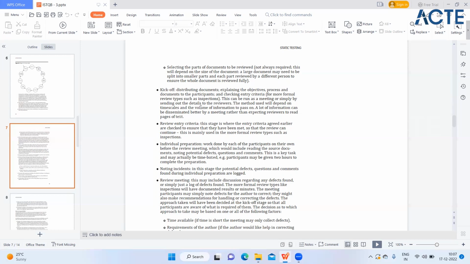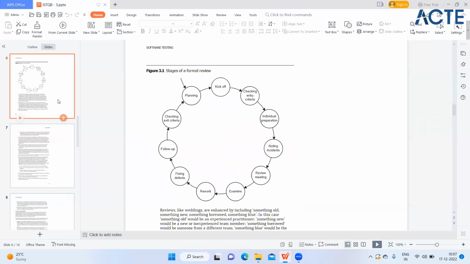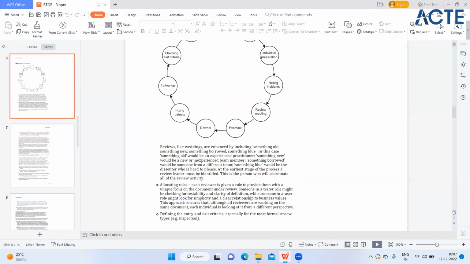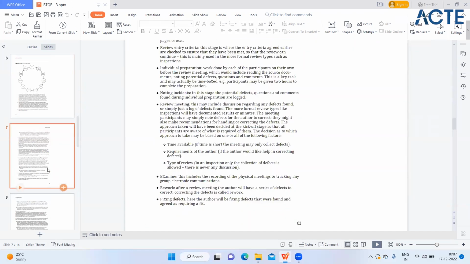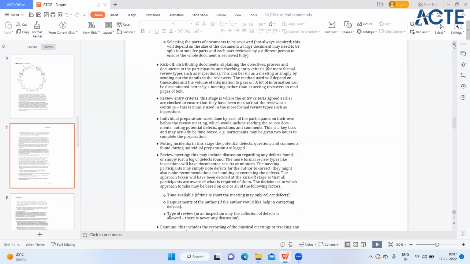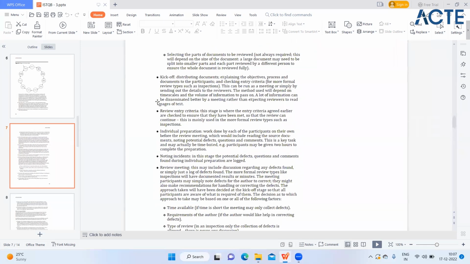Now this we have already learned. Now we are checking each and every stage here, so they are just defining what we are doing. So after planning, we'll have the kickoff. The kickoff meeting is like distributing documents, explaining the objectives, process and document to the participants, and checking entry criteria.